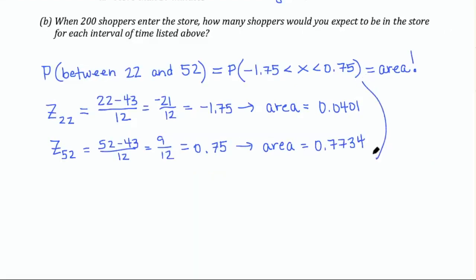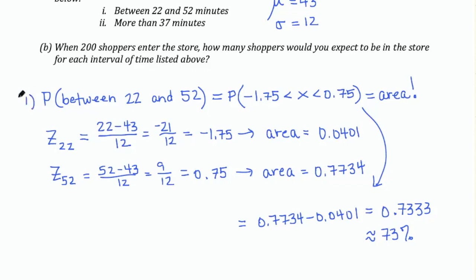To calculate the area, I always subtract the bigger area minus the smaller area. When you do that, you get a probability of 0.7333, or approximately a 73% chance. So there's a 73% chance, based on the data that we have so far, that a shopper will spend between 22 and 52 minutes.